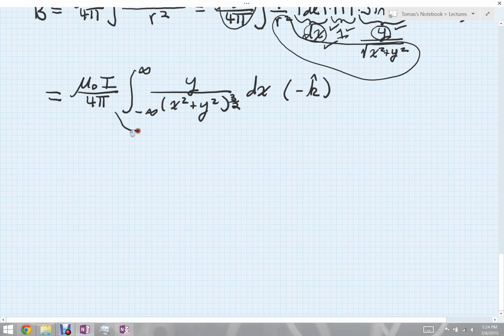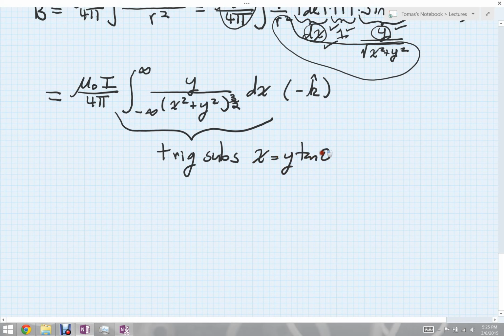So let's look at this integral. This clearly is crying out for some kind of a trig substitution. If you go ahead and carry through the trig substitution, for reasons of time I'll spare you, what you want to say is that x is going to equal y times the tan of theta.